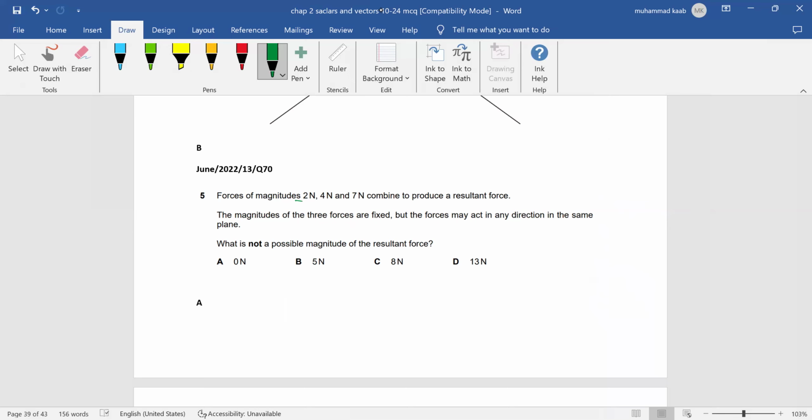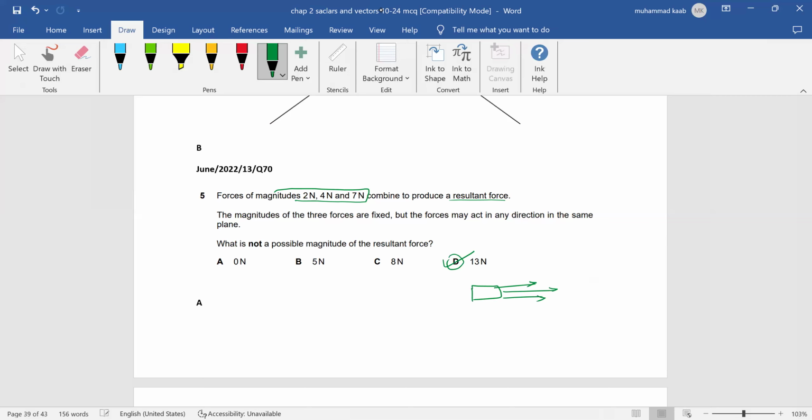They're just saying three forces produce a resultant force. Now, they're actually giving you the possibilities. You can consider an object and apply all the forces in the same direction. If this is the case, then you have to add all the forces: 2 plus 4 is 6, plus 7 is 13. So this is a possibility.